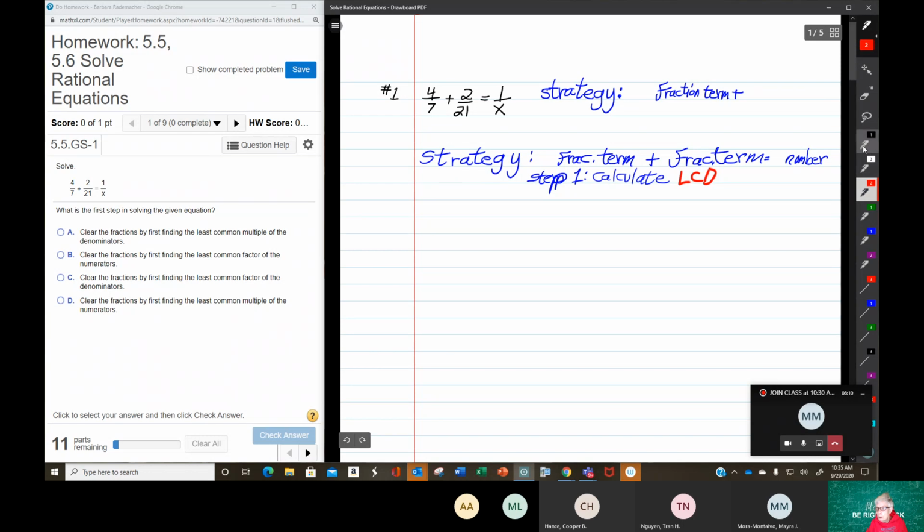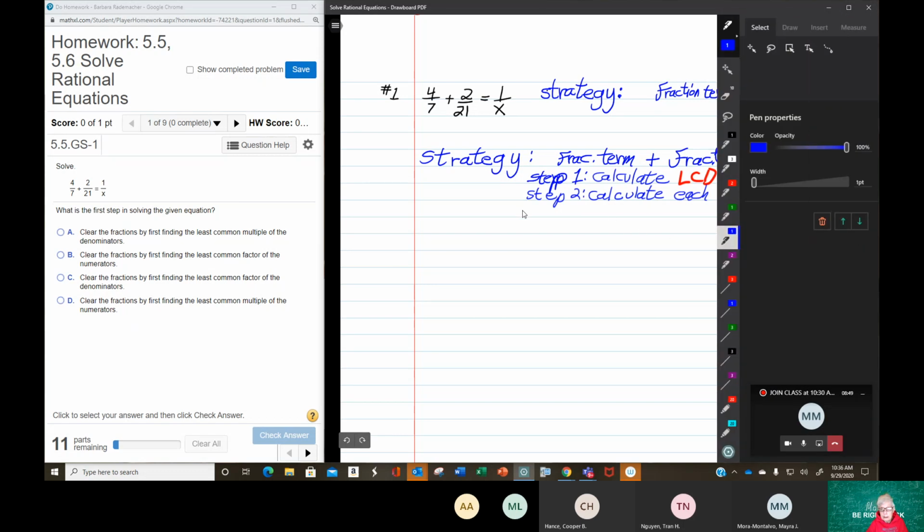And then step 2. Multiply each term by the LCD. There's a reason for that. Step 3 is the reason.